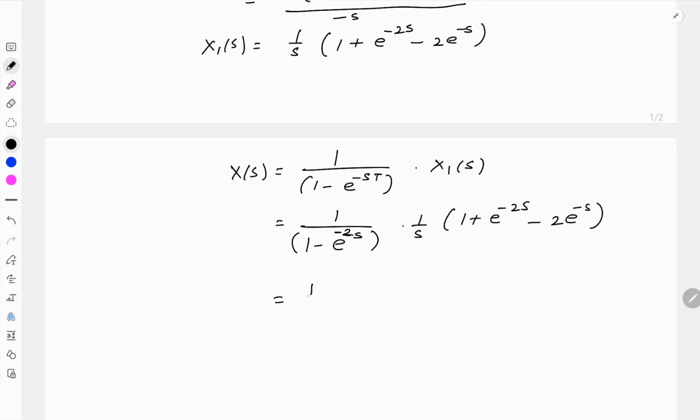So it is 1 by s, the numerator term will be 1 plus e raised to minus 2s minus 2 e raised to minus s divided by 1 minus e raised to minus 2s. So this will be the final answer for our expression.